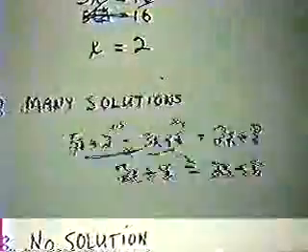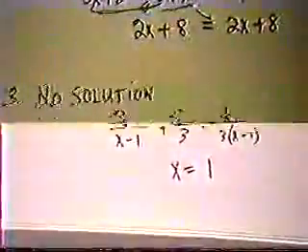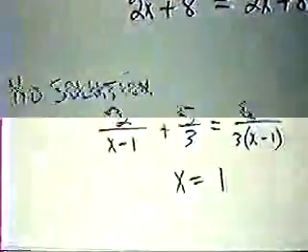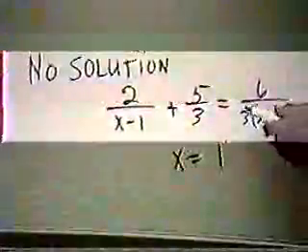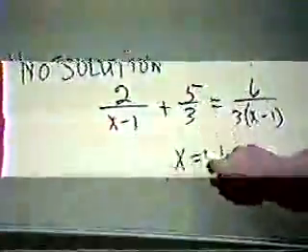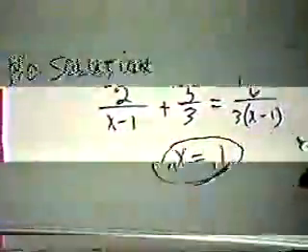All right, the third thing that can happen, and the reason you need to check your answers on all your homework problems when you deal with linear equations, is the idea of no solution. We're going to learn how to do this later, but when you go solve all that, you'll get an answer of x equals 1. And that looks good.